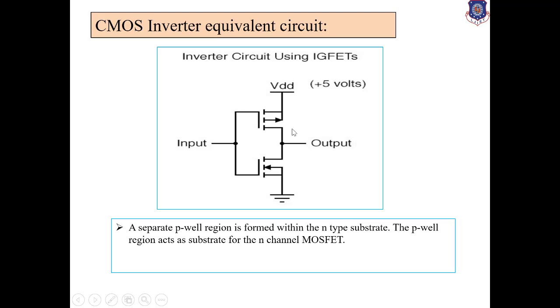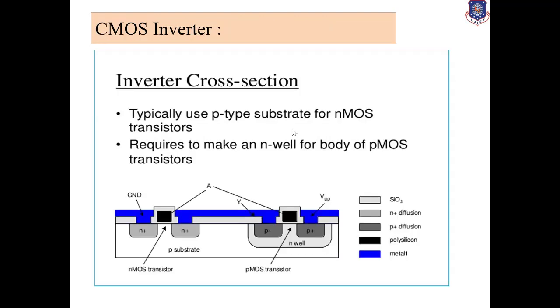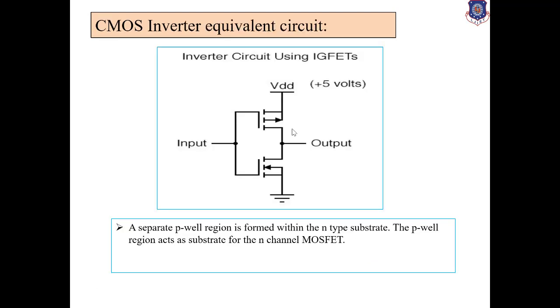Now let's come to the circuit diagram. Previously we understood the construction and cross-section of the CMOS. But now we are discussing the circuit: the inverter circuit using IGFET or E-MOSFET. See, this is the E-MOSFET symbol.